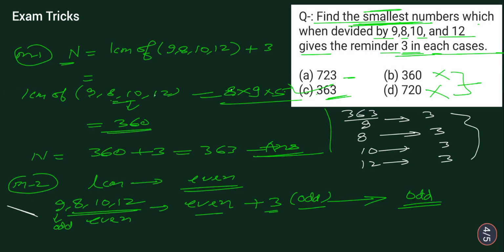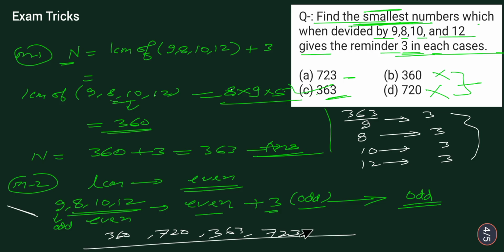And another method: you can check it by the option method. How will you check the options? Just take 720, 360, 363 and 723. You need to check all 4 cases, dividing by all 4 numbers, and if you find 3 remainder in every case, then that would be your answer. But you need to know that it should be the smallest number, because the question asks you to find the smallest number.